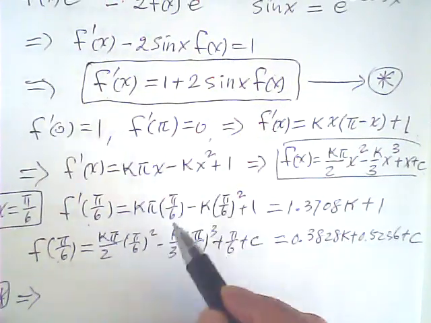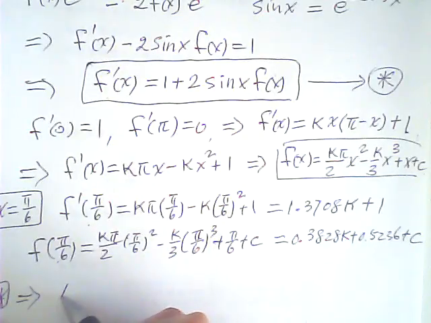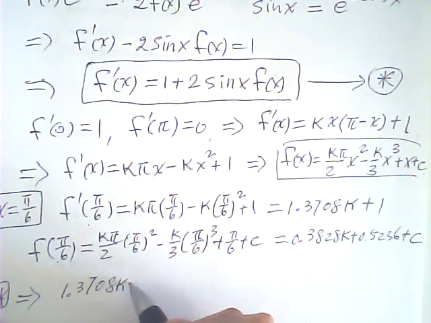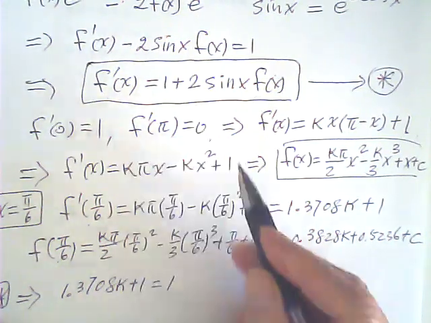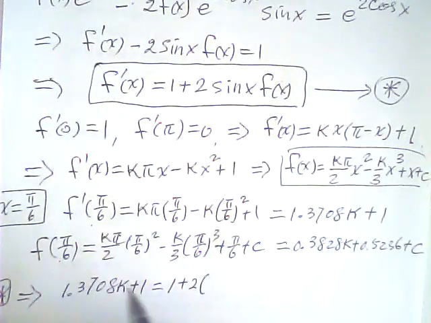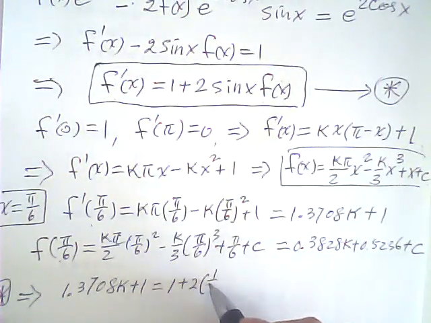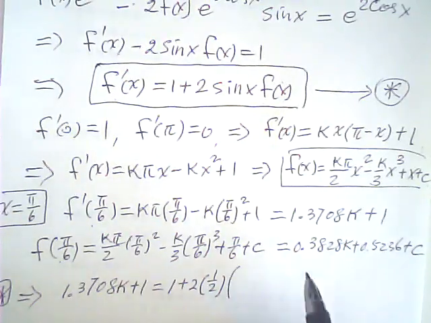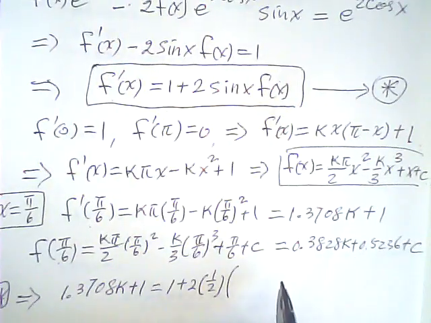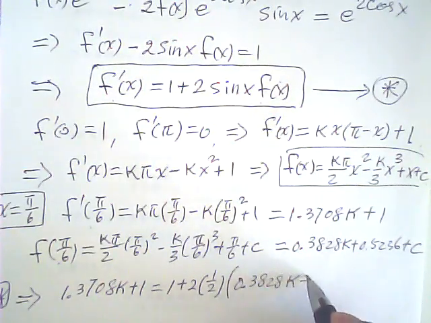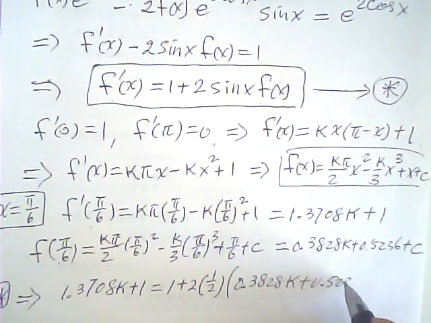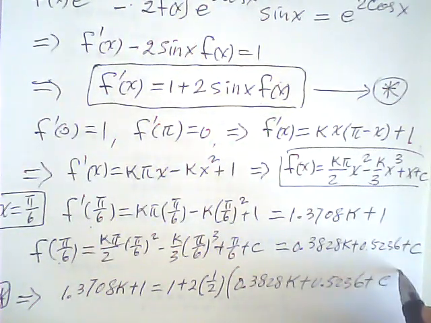This equation becomes 1.3708 k plus 1 is equal to 1 plus 2 times sine of pi over 6, which is 1/2, times whatever this f of x is, plus 0.526 plus c.